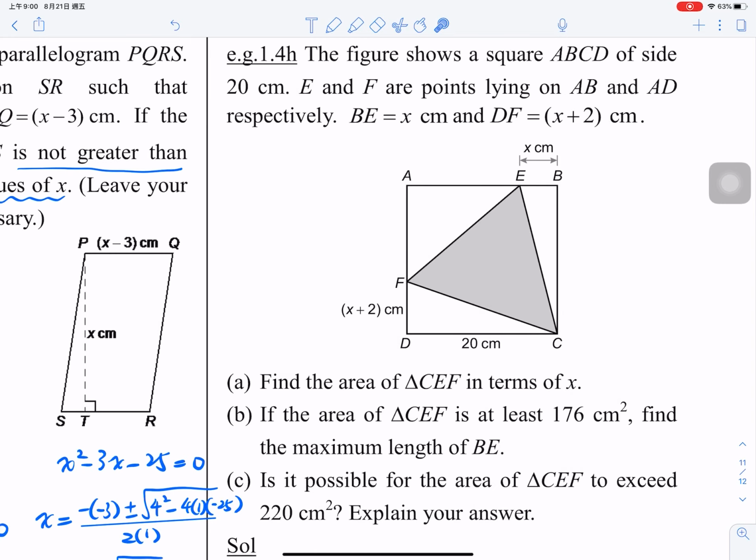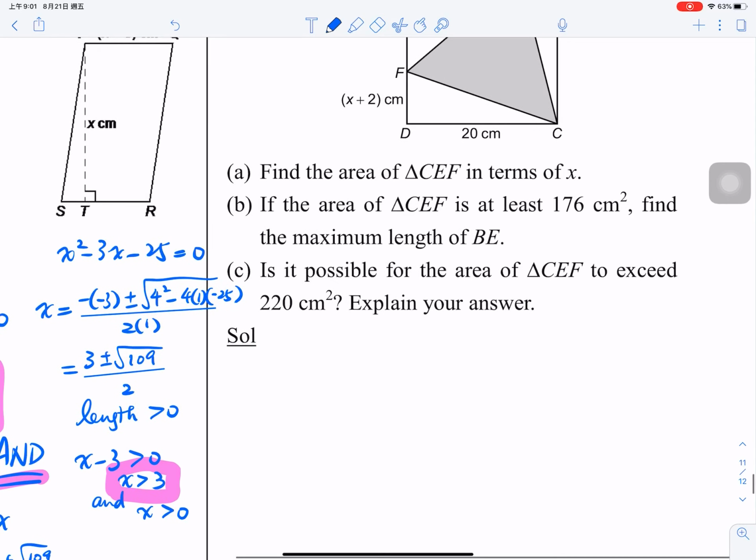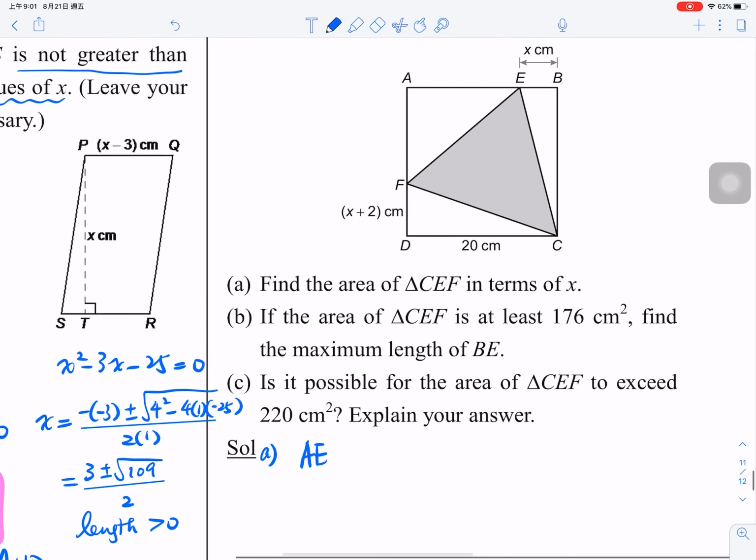So in this situation, how to find the area of CEF, this triangle? Maybe you use the square minus 3 triangles, right? You're correct. So think about it. Part A. Then what is AE?